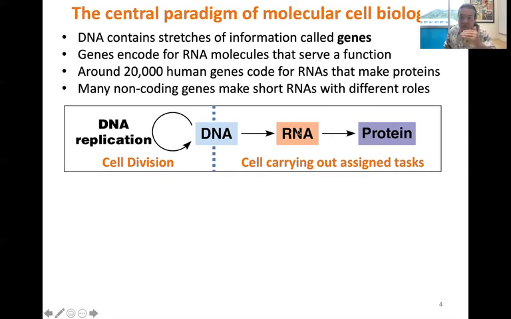Then the information in that RNA is converted into a finished molecule, the protein. As we've already been talking about, proteins are long chains of amino acids. They're an example of one of these macromolecules that, when folded up, can perform different functions like little machines.